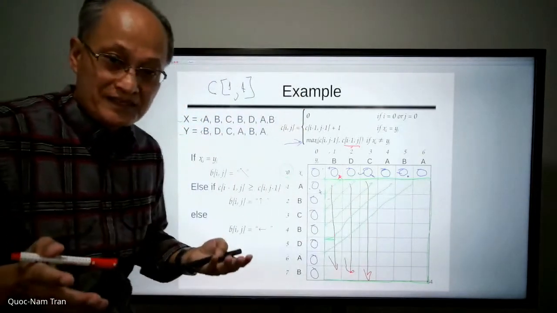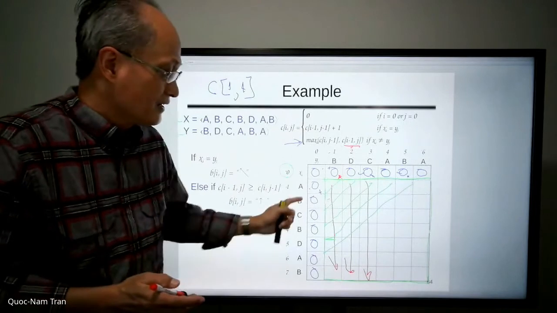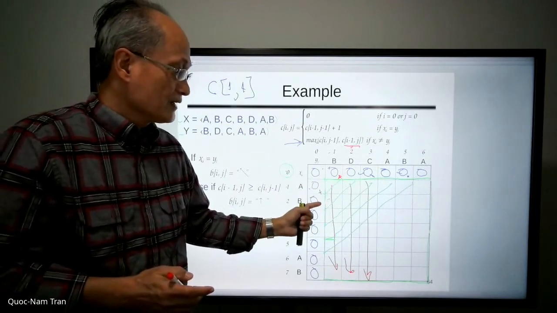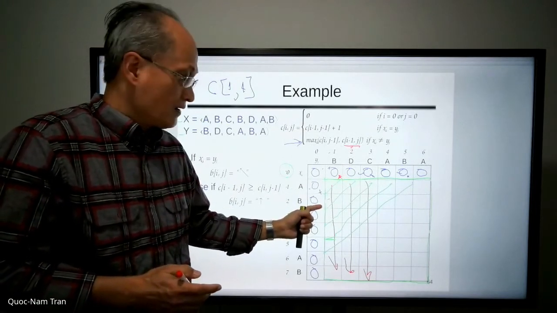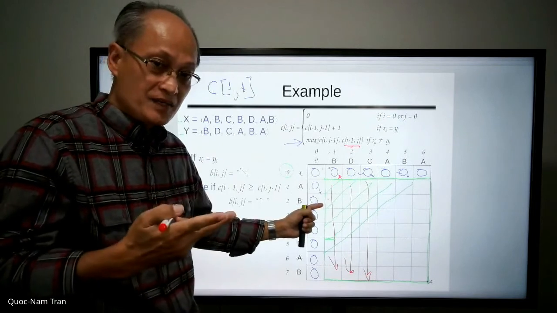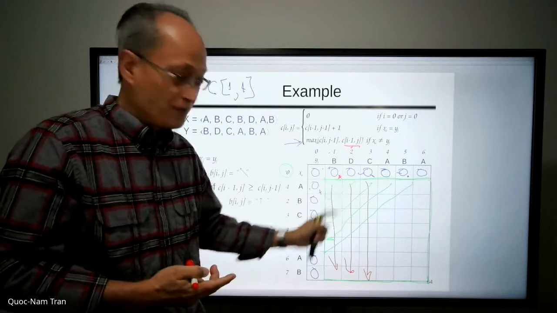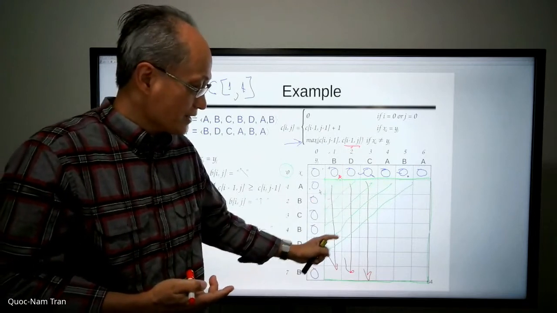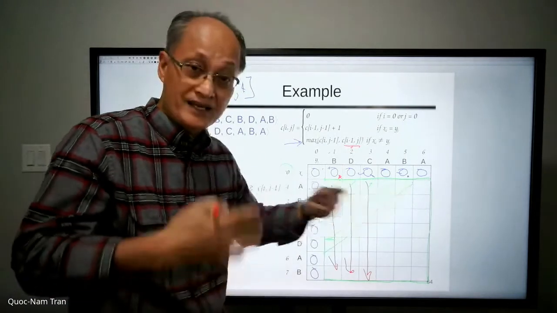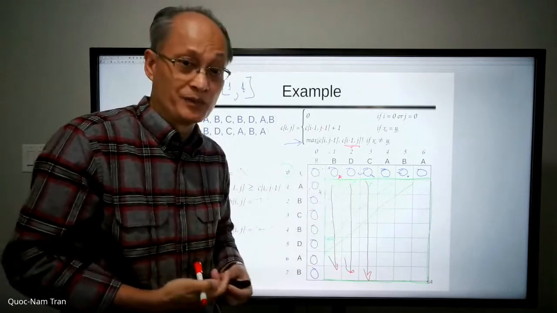The only difference you have is that you can have all CPUs working on the calculation. So for example, here you calculate this one, this one, this one, this one, this one at the same time using different CPU.